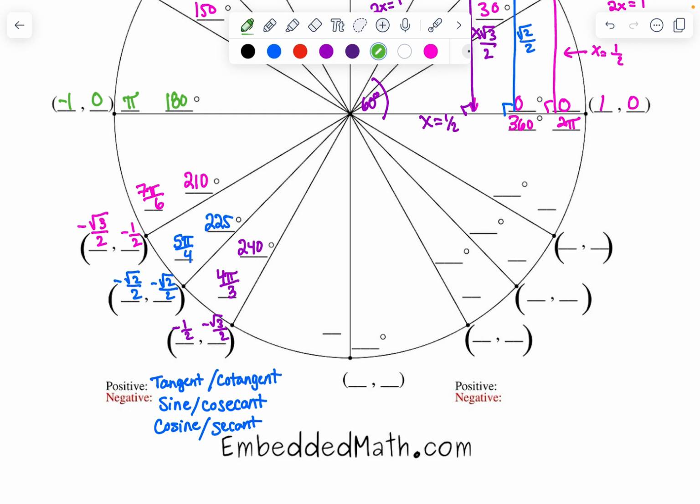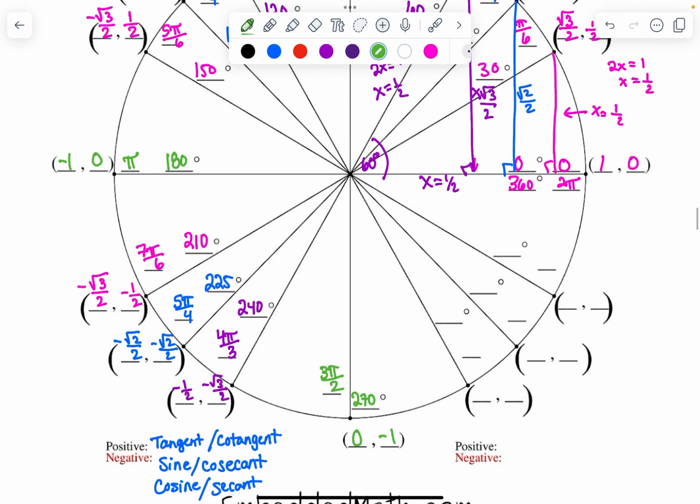All right, so down here, our coordinate pair is 0, negative 1. We are at 270 degrees, or 3 pi over 2 in terms of radians. So if we go 30 degrees beyond that, we're at 300 degrees.